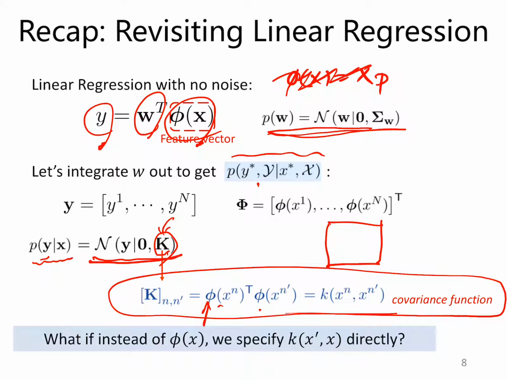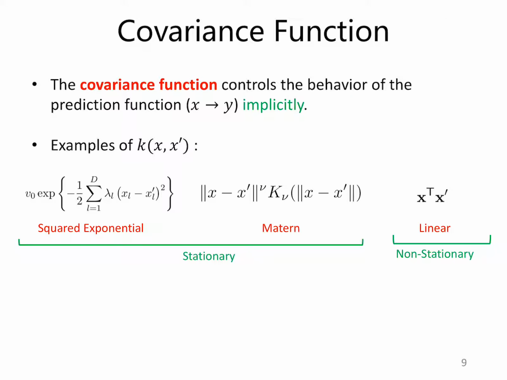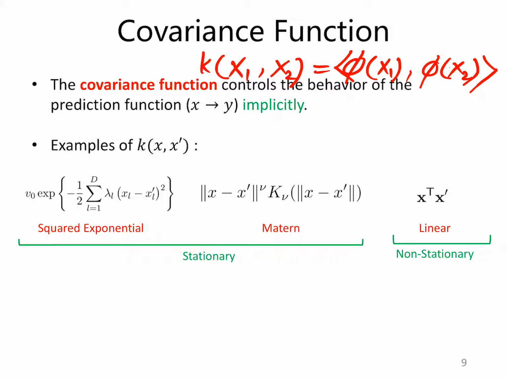So this is the recap from last time. We introduced a few standard covariance functions. The whole idea of this covariance function is that if I have two data points, x1 and x2, it models phi(x1) and phi(x2).